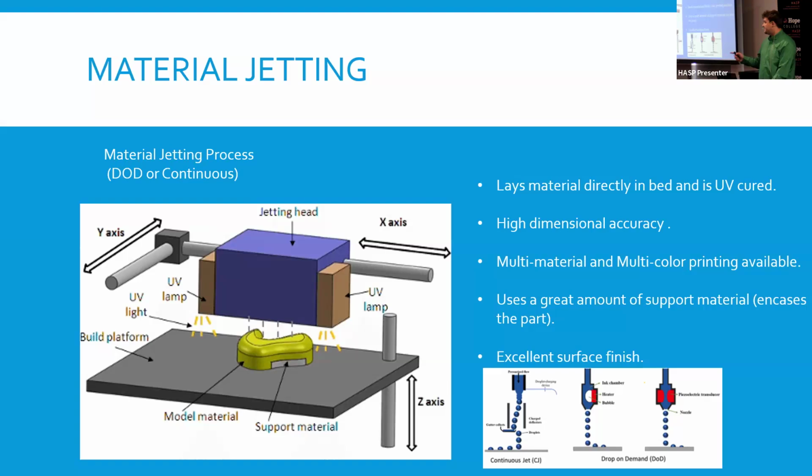Now, as you can see on this part, as it gets passed around, it's going to be smooth, but that whole part was encased in kind of a rubbery support material before it came off. Like I said before, it's got an excellent surface finish. It's smooth.